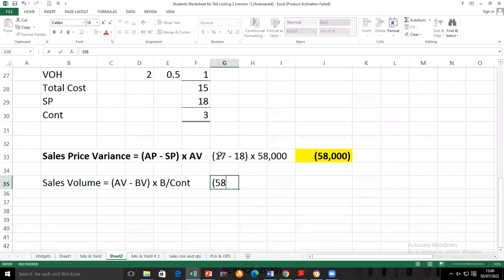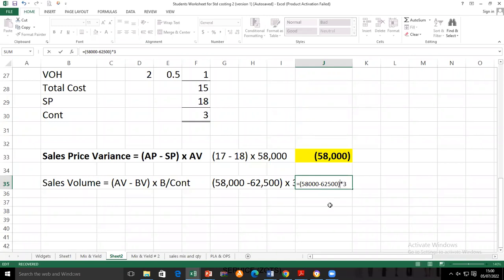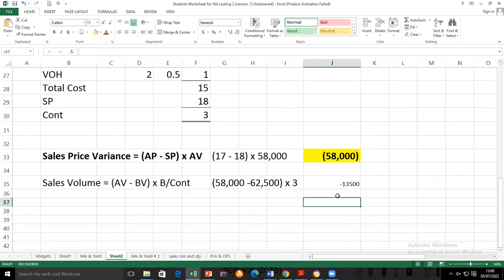So go 58,000 minus 62.5, multiplied by 3. Are we happy with that one?